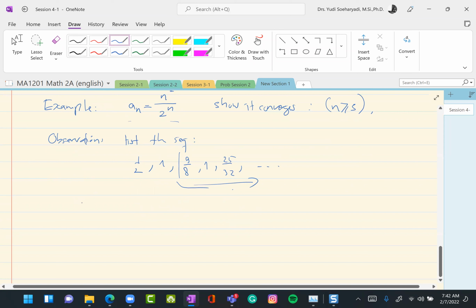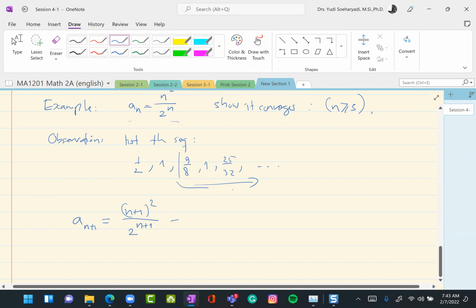All right, let's compare this. So it's n squared over 2 to the n. Write it down like this. a_(n+1) is (n+1) squared over 2 to the n+1.